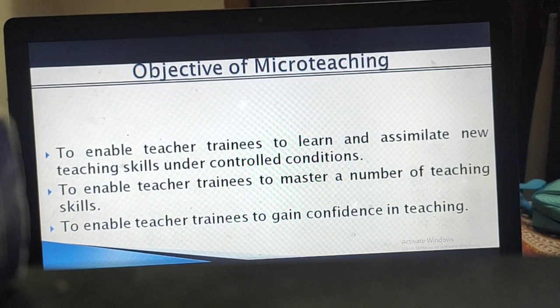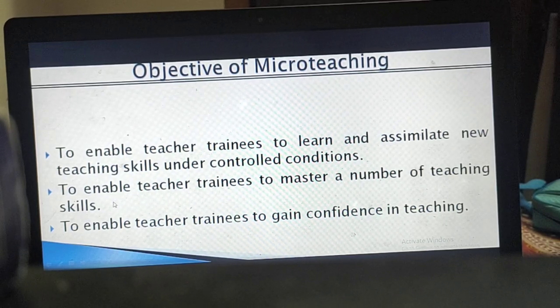Here the teachers have to face defined types of skills under controlled conditions. Remember it, the condition is controlled, and the teacher has to practice defined types of teaching skills, which I will discuss later.